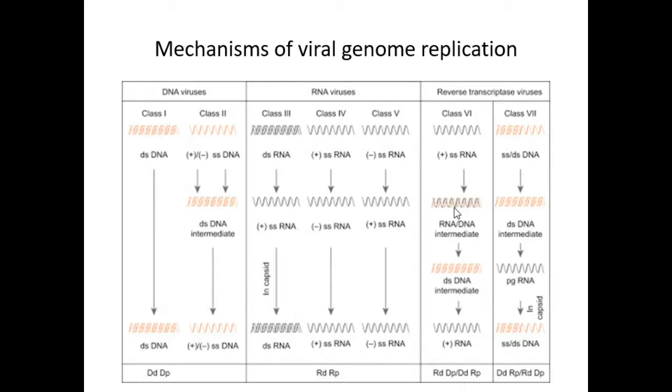You take that RNA and use reverse transcription to generate the complementary DNA, cDNA, and then you can make it into double-stranded DNA.